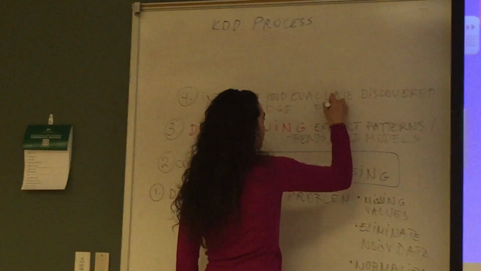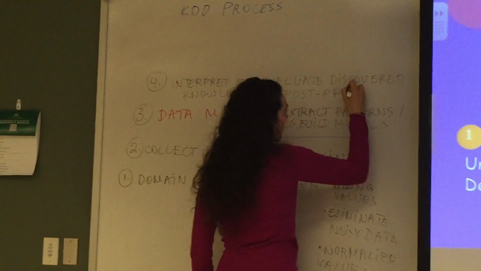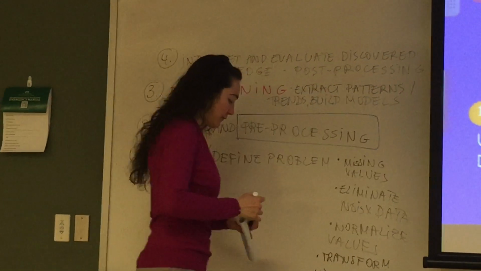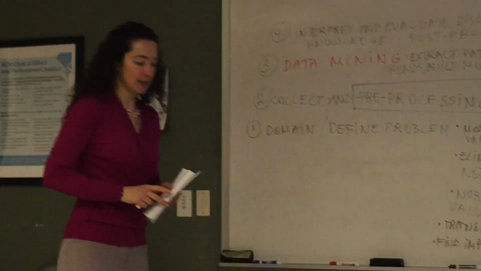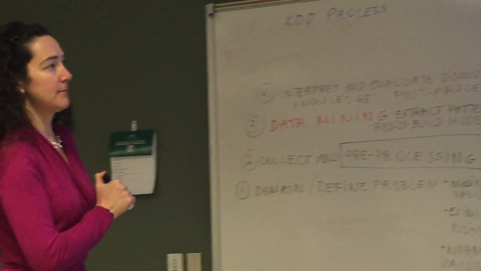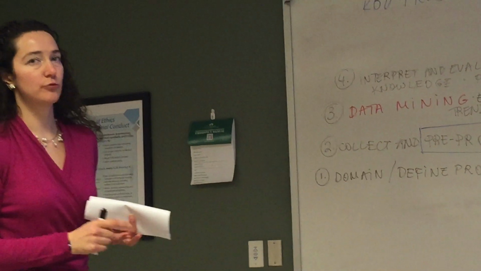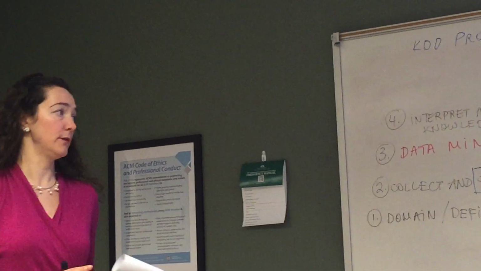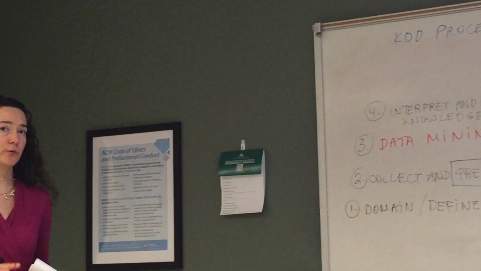We are doing post-processing, which means we're going to sift through the results, and if we find something that does not fall into the definition of KDD, or it's not valid, it's not useful, it's not interesting, or it plainly is not understandable, it doesn't make any sense, we will remove that.